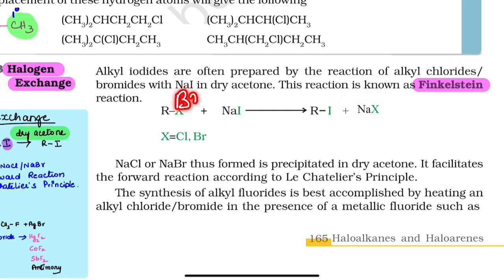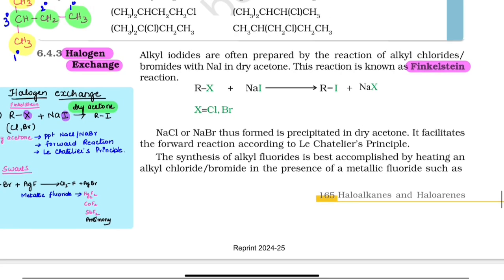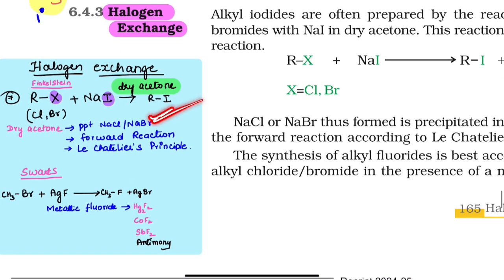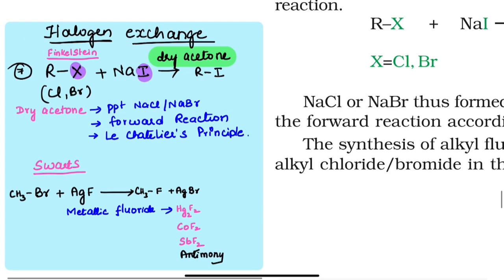If it is Br, Na will combine with Br and NaBr will be formed. This NaBr or NaCl will be precipitated by dry acetone. Precipitated means it will be in solid form, which you can separate out. Remove this, and you will have only the product. So to precipitate NaCl and NaBr, we use dry acetone.